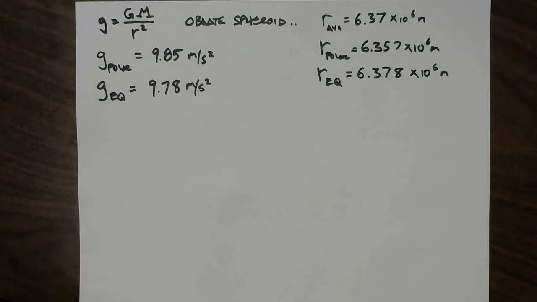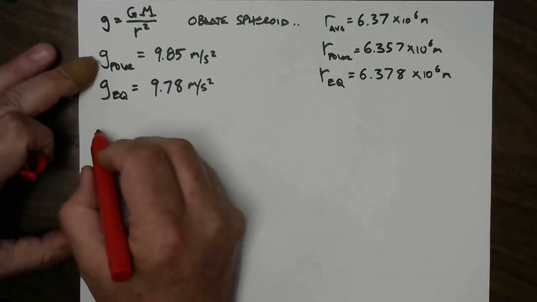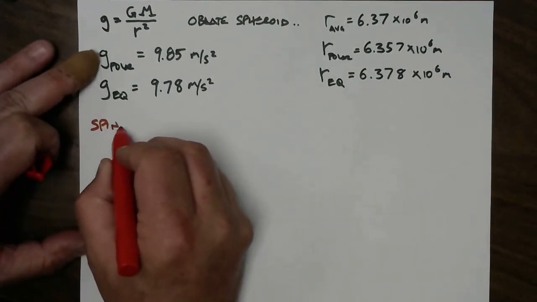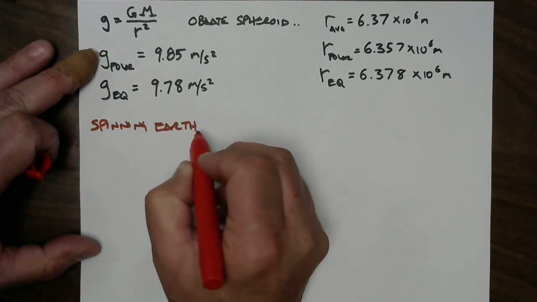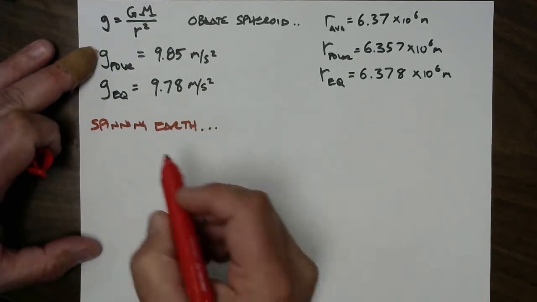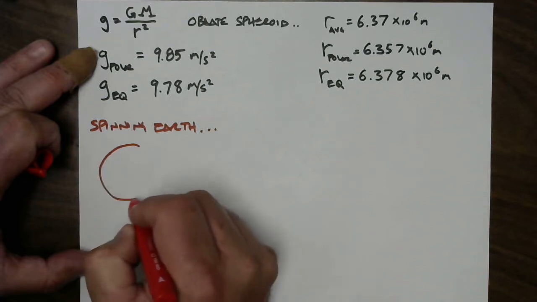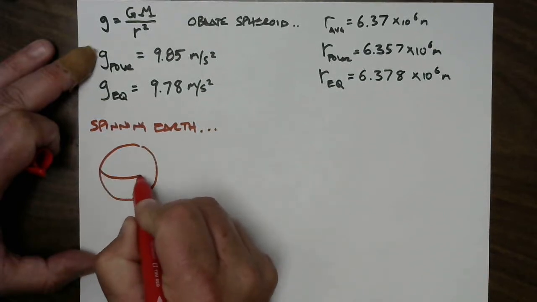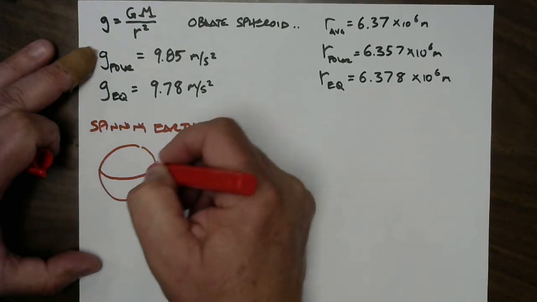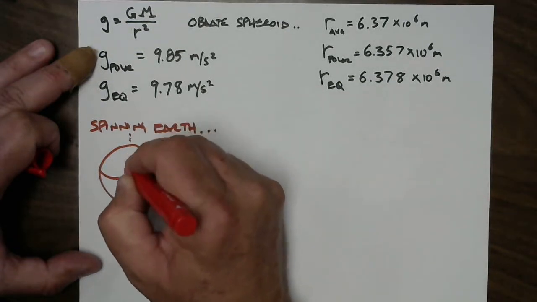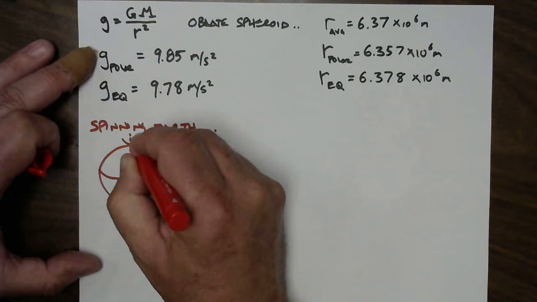There you go. Another problem with g is that the Earth is spinning. And the spinning Earth creates an issue, because if you're standing on the equator, you're going around. Here's an axis. You're going around this way.